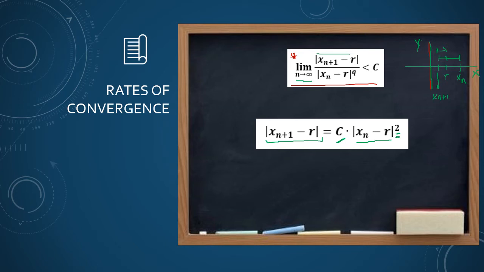So what is that telling us? Say our x of n error turns out to be 10 to the negative 4.